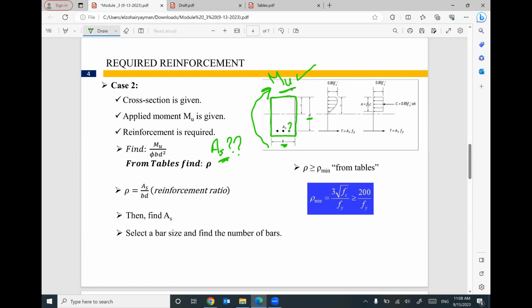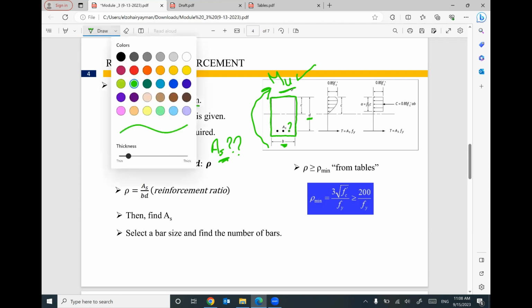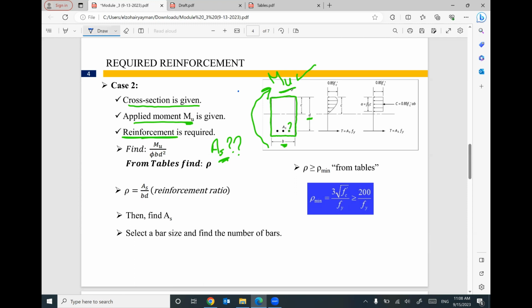So the cross section is given, the dimensions of the cross section, and the moment from structural analysis, M ultimate, is given, and we are looking for how much steel reinforcement. We have a few steps. In the first step, I need to figure out the value of this expression.